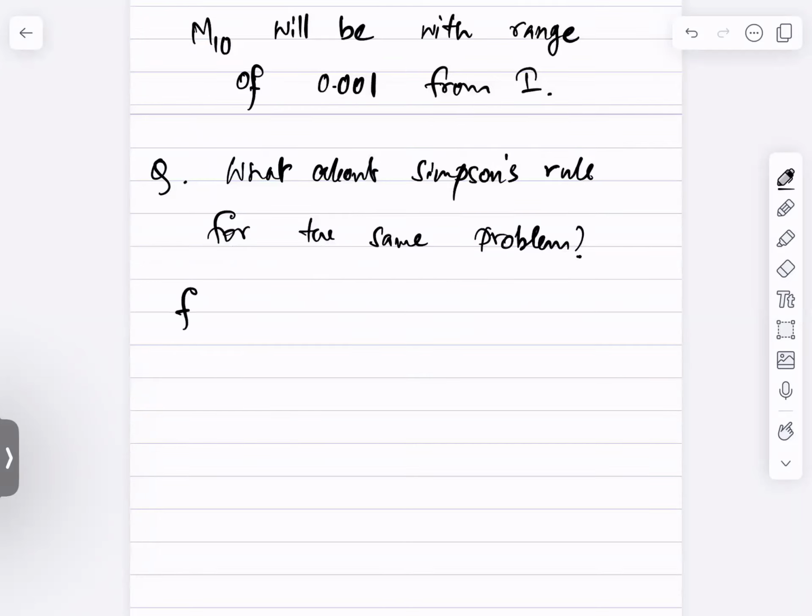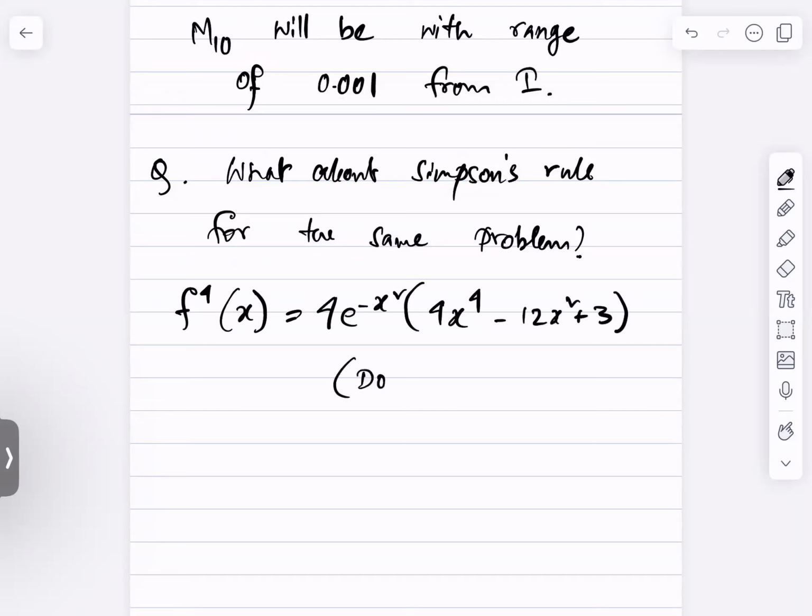Then you need to calculate the fourth derivative of f with respect to x. Then you'll get this. Again, you should verify this using the calculation, using the product rule.